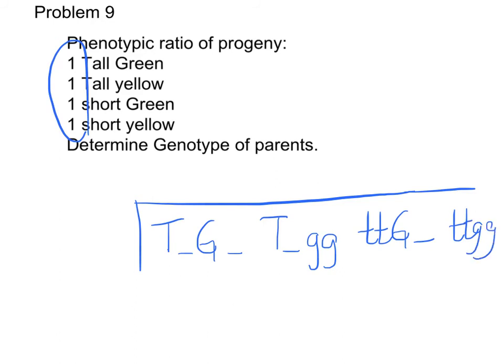And so, working backwards, we know that these gametes have to have little t, little g to make this individual. And so the other little t here has to come like that, and we would get a big G from that parent.